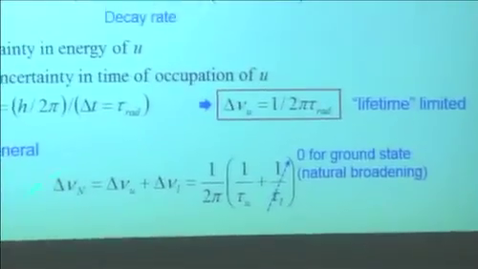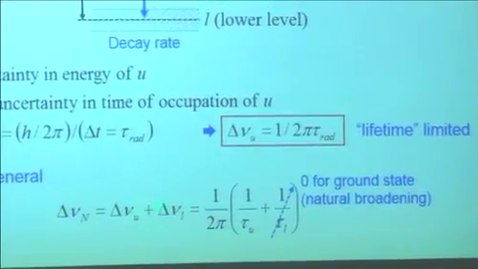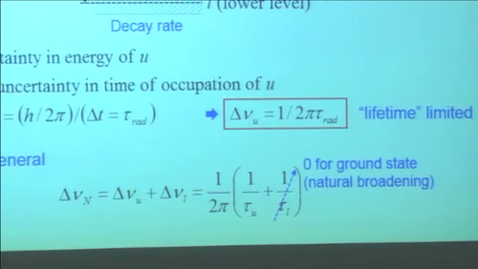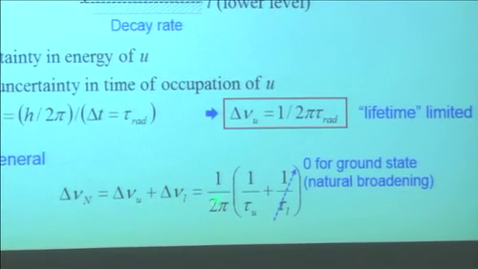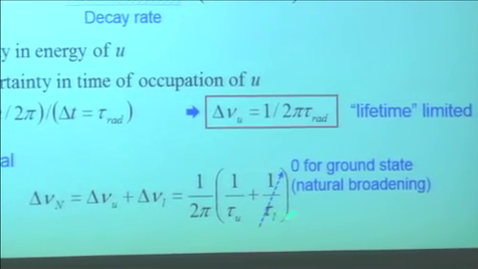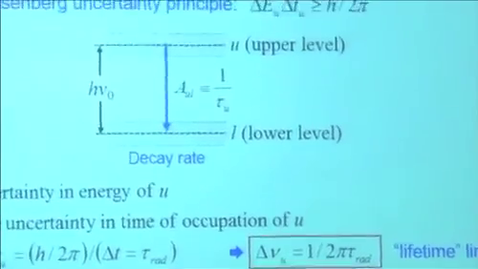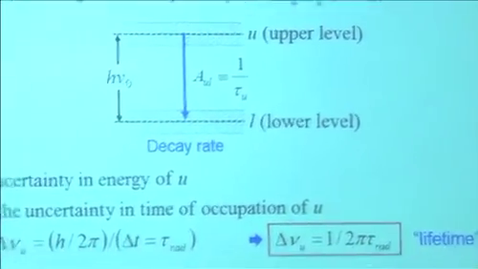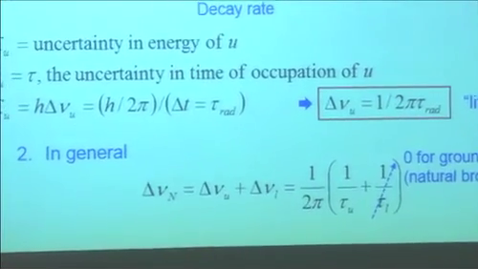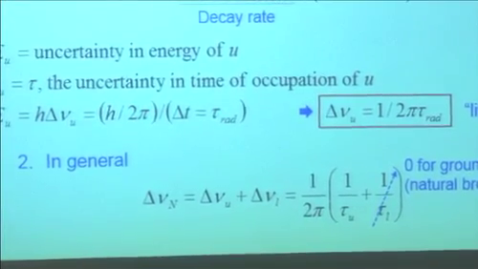So the uncertainty in frequency units would be the combined uncertainty in the two levels, which would be 1 over 2 pi times 1 over the lifetime in U and the lifetime in L. If L is the ground state that has no emission possibility, then that term goes away. So roughly speaking, delta nu is 1 over 2 pi tau. It's a question of whether there's another factor of 2 or so in there.